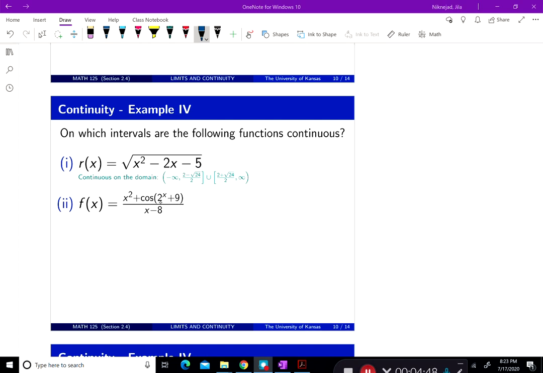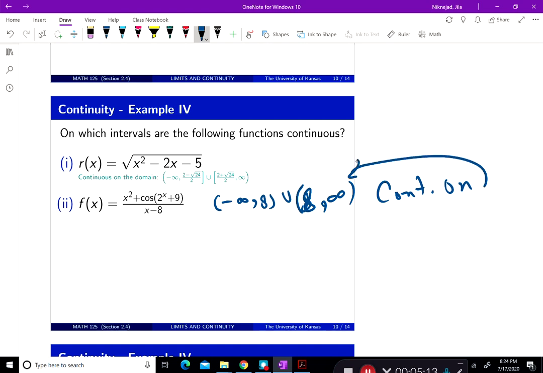And so therefore, to find the domain, you just have to exclude 8: negative infinity to 8 union 8 to infinity is the domain, and the function is continuous on this domain.